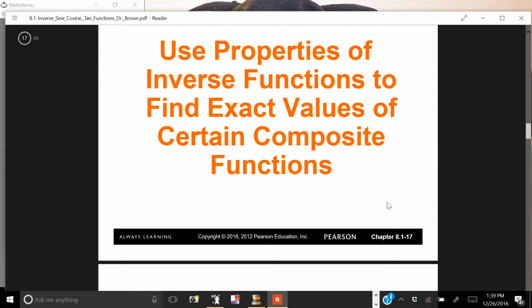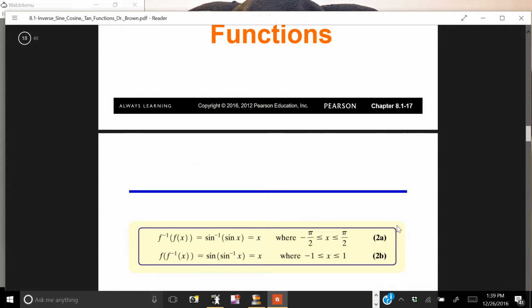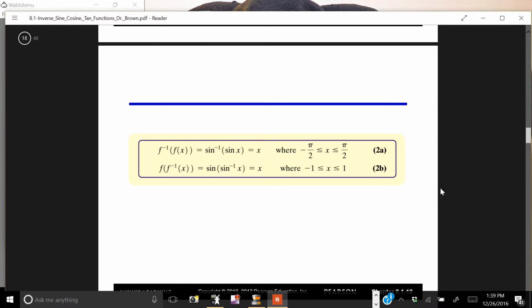Now we can use the properties of the inverse functions to find exact values of certain composite functions. Notice, fundamentally, if you take the inverse function of f of x itself, remember you always get your x back, and if you take the function of the inverse function of x, you get your x back.